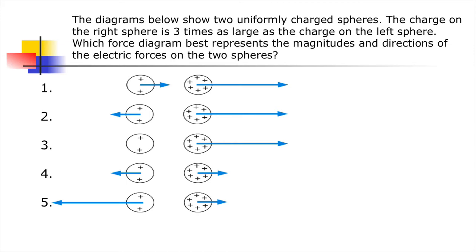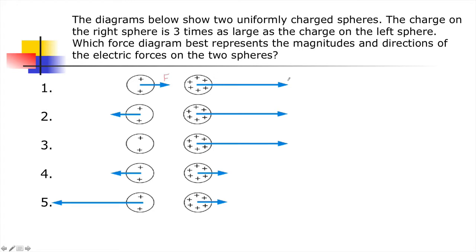So let's go ahead and try to answer this example question. The question says, the diagram below shows two uniformly charged spheres. The charge on the right sphere is 2 times as large as the charge on the left sphere. Which force diagram best represents the magnitude and direction of the forces? You have those spheres, and both are positively charged.